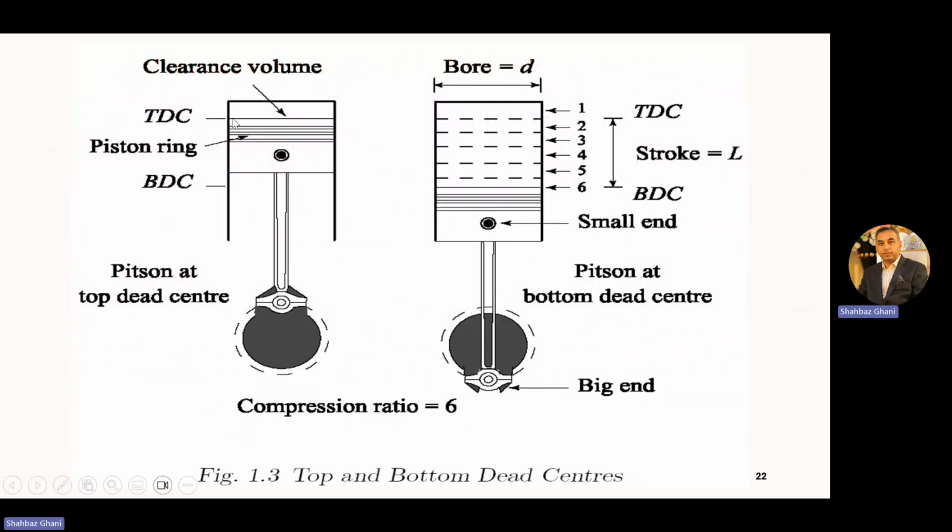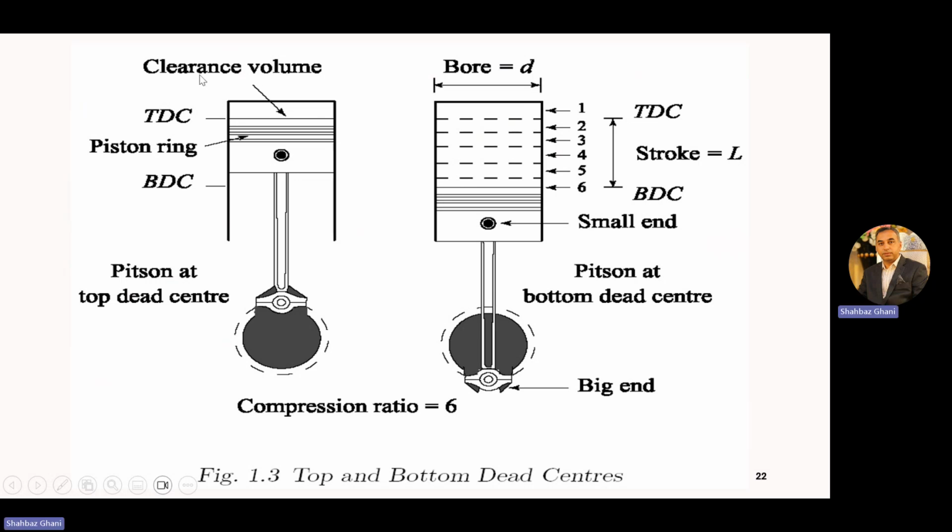When your piston is at top dead center, the maximum point the piston can achieve in the cylinder, there is still a space above that piston face. Here on the top, we have a piston head.